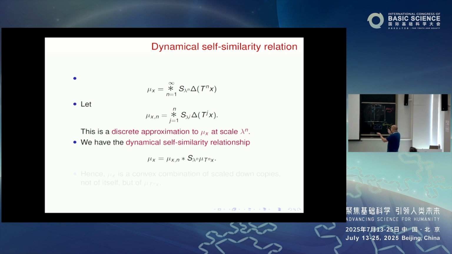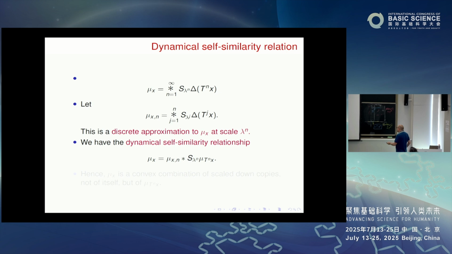Okay, and here we can see dynamical self-similarity again. So we can split this convolution into the first n factors and the rest. The first n factors gives us this discrete approximation, and if we look at the rest, now we are starting the convolution from n plus 1. So we could just take away scaling by lambda to the n, and we get the original thing again, except that we are starting with t to the n of x instead of x.